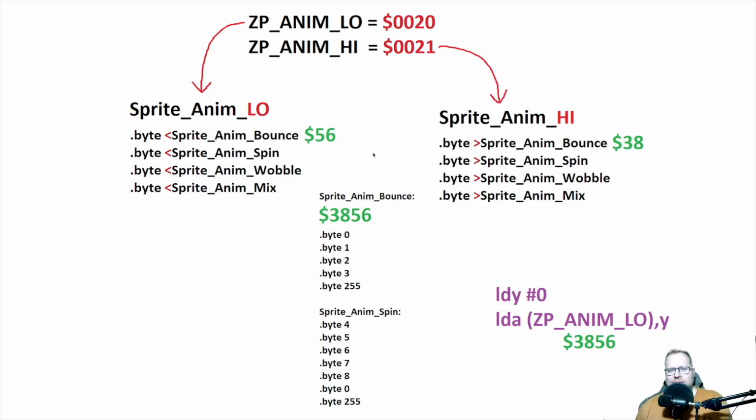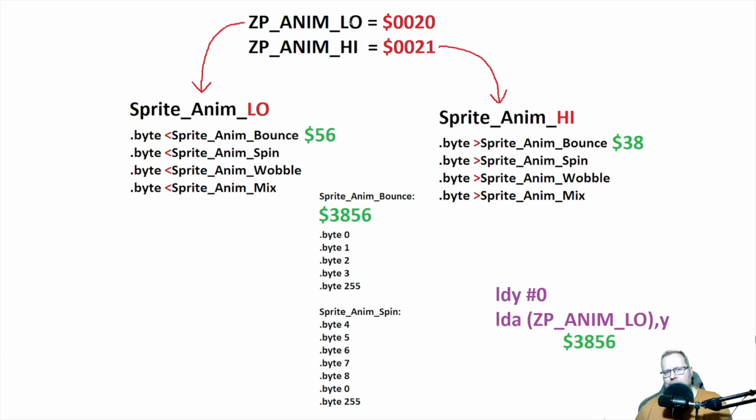So we have this zero-page indexing thing, right? And to use that, we need two memory addresses in zero page. In this case, I've chosen address 20 and 21.